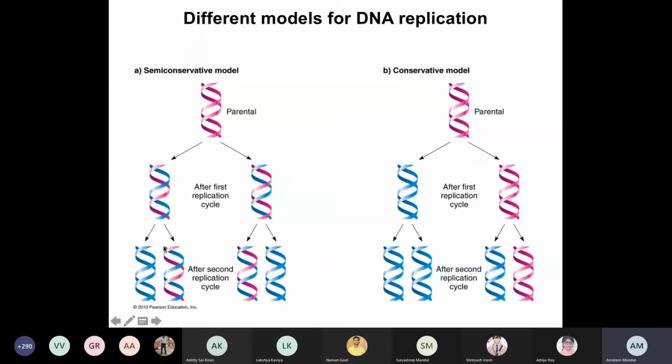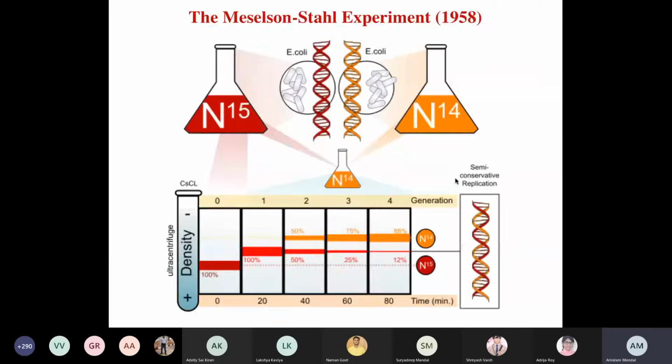At the end of the second generation, here you should get 50% hybrid and 50% light. But in the conservative case, you should have 75% light and 25% heavy. So if it had followed the conservative mode of DNA replication, the pattern of DNA bands in the density gradient centrifugation would have been completely different from what Meselson and Stahl observed.